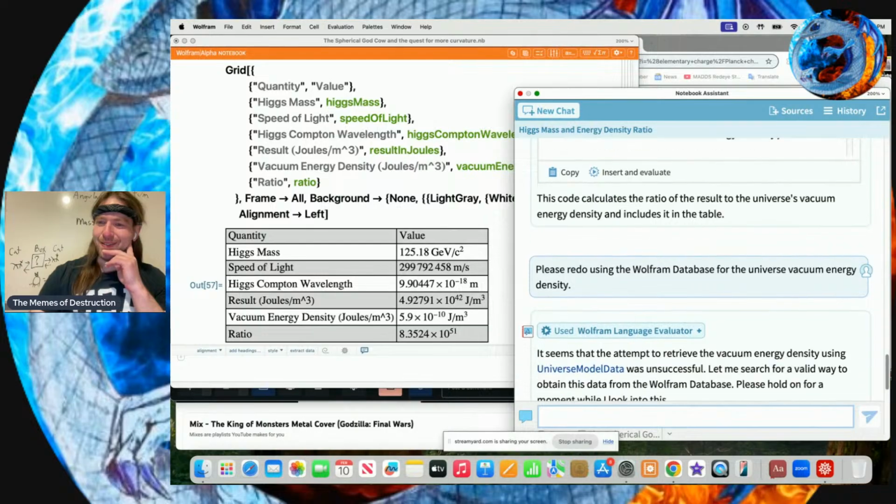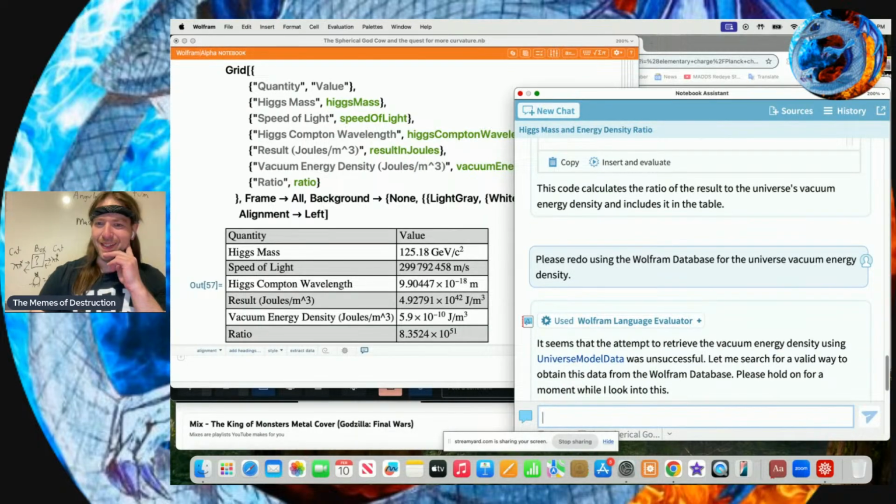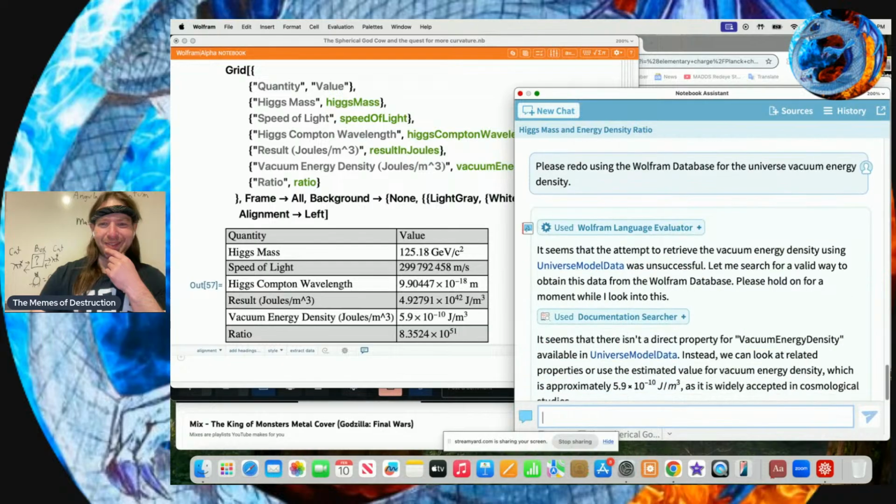Oh, it's having troubles. First model I was unsuccessful. Let me search for a valid way. I should probably just ask it to do it from Wolfram Alpha. Okay, it's attempting to look for it.